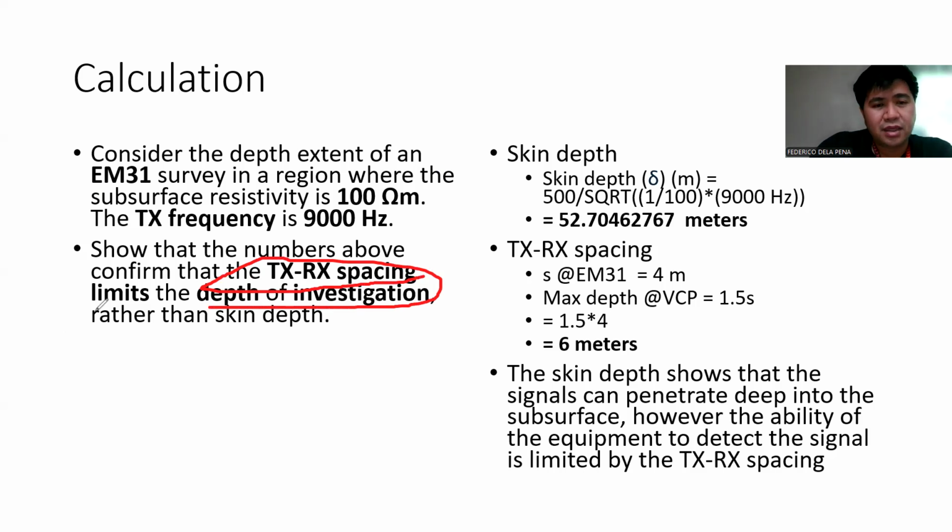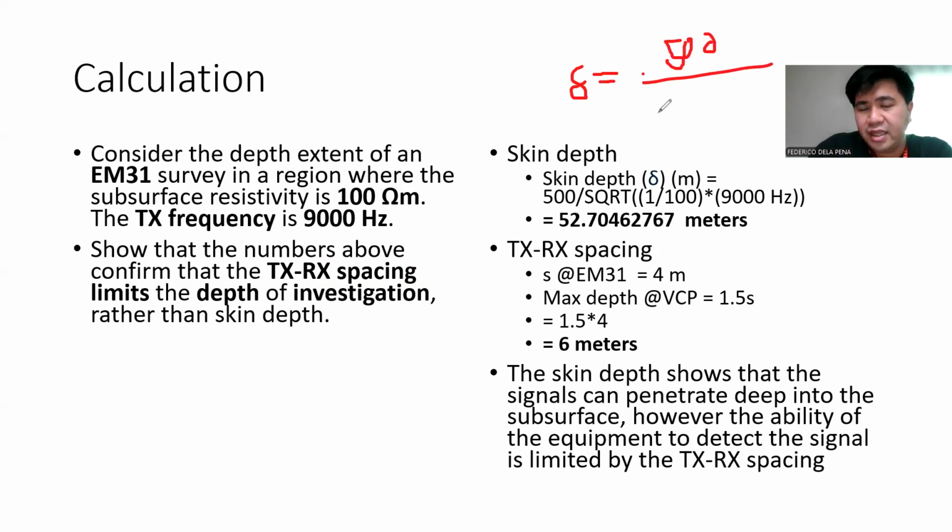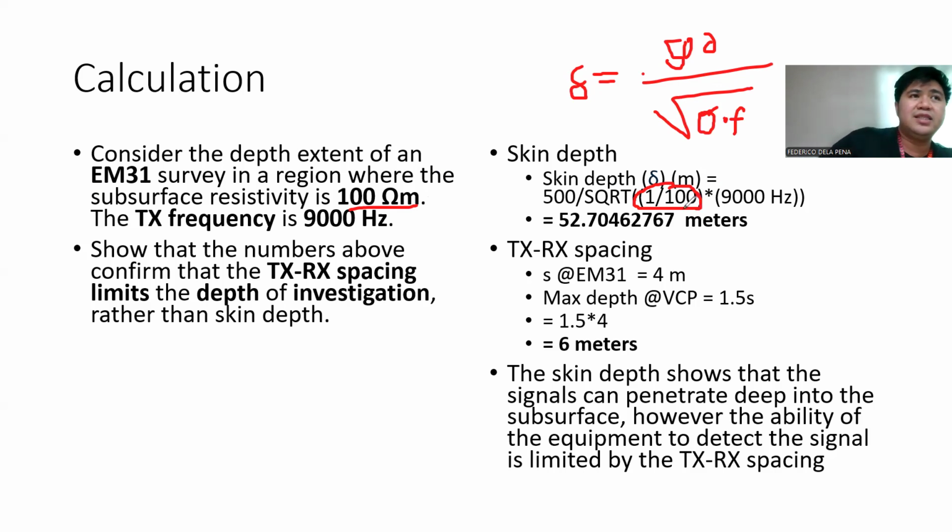Okay? So in this calculation, the skin depth, delta, is equal to 500 divided by the square root of your conductivity multiplied by the frequency. So in this calculation, this term is 1 divided by 100 ohms. Remember, conductivity and resistivity are just inverse values. No?